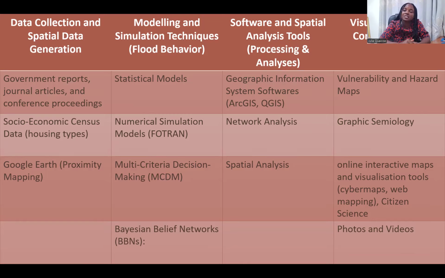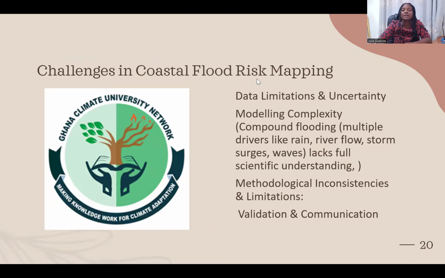And in these, you are able to perform some spatial analysis and network analysis. And again, in terms of visualizing and communicating whatever results you have, we can utilize vulnerability and hazard maps, graphic semiology, online interactive maps, as well as videos and photos.